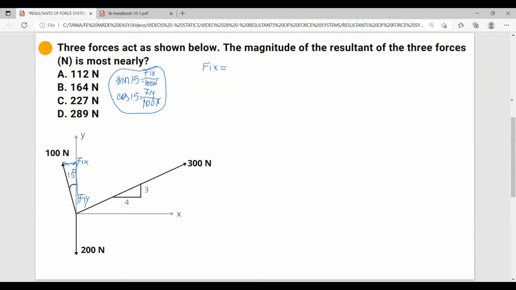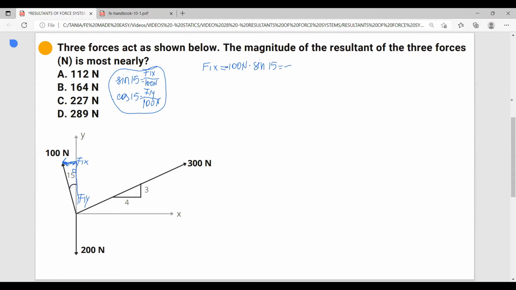So F1x equals 100 newtons times sine 15 equals. Another thing I want to point out, I don't want to make a mistake here. So remember, look here, x is going to be pointing in this direction, and we have the positive direction on the right, meaning my x force is going to be negative.